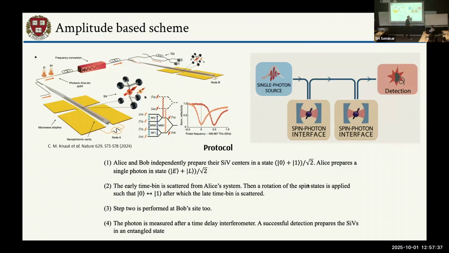Okay, so let's just look at Alice's side and forget about Bob to begin with, because step 1 and step 2 just happen on Alice's side, right? We don't care that Bob also has a SiV system. We don't need to look at it. So on Alice's side, she starts with this and a photon. So how does this state look after step 2?